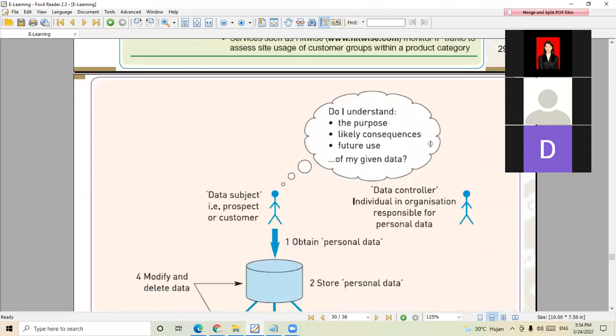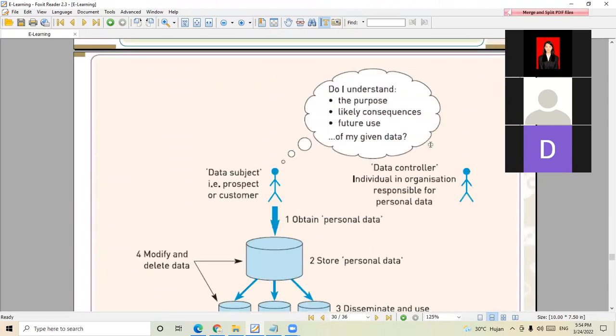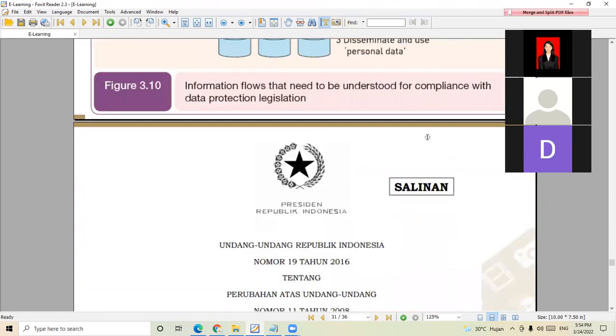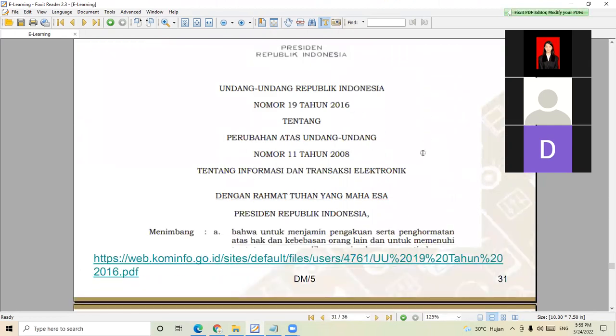Yeah, I think I will skip this. This is one of the famous laws, the ITE law, Information and Electronic Transactions. The ITE law of 2016 is the revised version of the 2008 version.